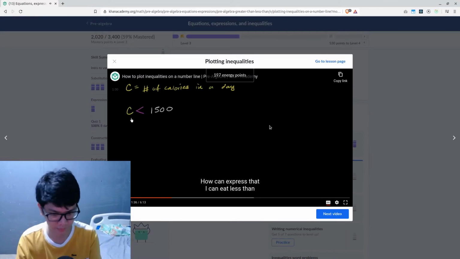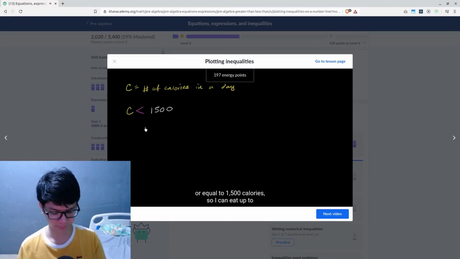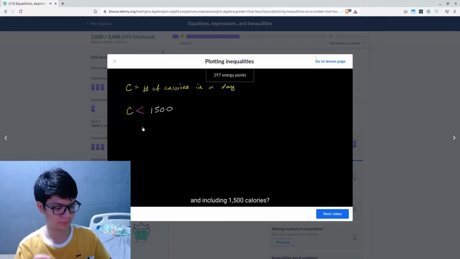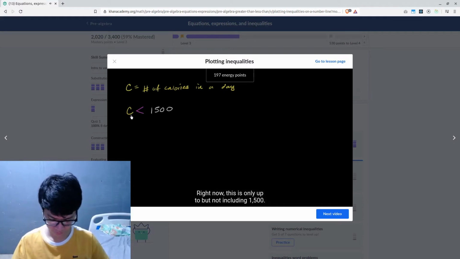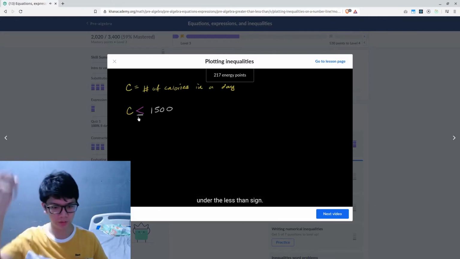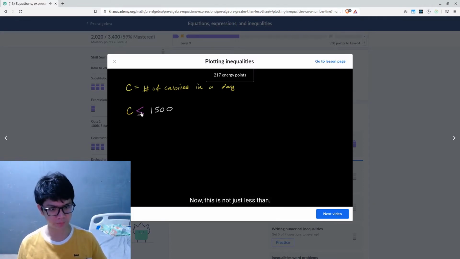That I can eat less than or equal to 1,500 calories. So I can eat up to and including 1,500 calories. Right now, this is only up to but not including 1,500. How could I express that? Well, the way I would do that is to throw this little line under the less than sign. Now this is not just less than, this is less than or equal to.